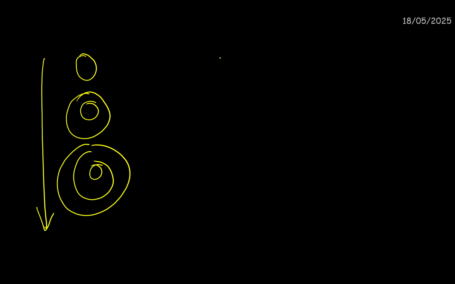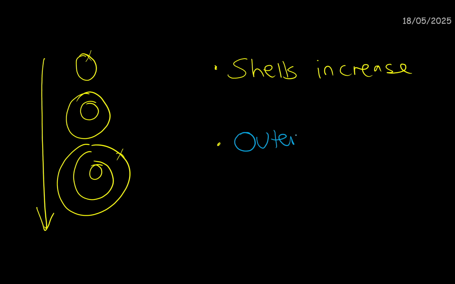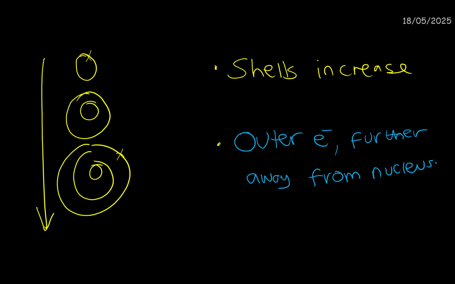Now, that's the first point. So the shells increase. Now, if the shells increase down group 1, what can you tell me about the outer electron? Aish, what can you tell me about the outer electron? Yes, the outer electron is further away, right? The outer electron is further away from where? From the nucleus. It's further away from the nucleus. Now, we all know that the nucleus is positive and electrons are negative.